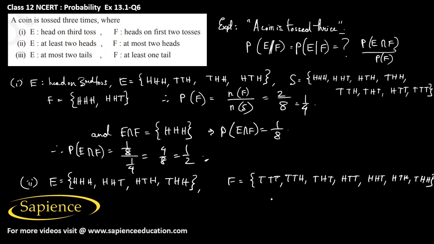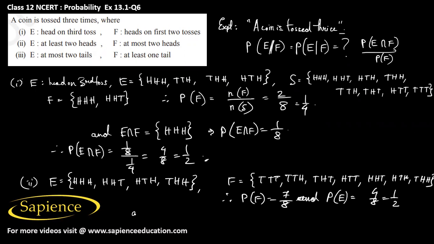So there are 7 outcomes in the event F. Therefore, the probability of the event F is obviously 7 by 8. And the probability of the event E is obviously 4 by 8, that is 1 by 2.